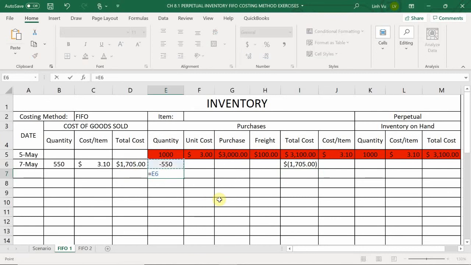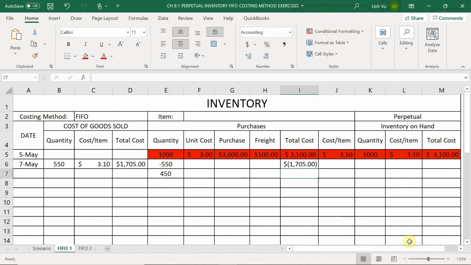So if I started out with 1,000 units and I sold 550, how many items should I have left? 450, okay? And then same ordeal over here, right?